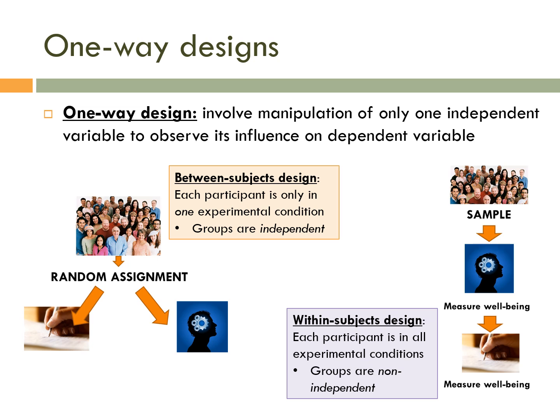Whereas the other alternative is the within subjects design, where you have a sample, they go through one level of your independent variable, and then they go through another level of your independent variable. In this case, each participant is in all experimental groups. And so any differences in the independent variable are going to be within the individual.